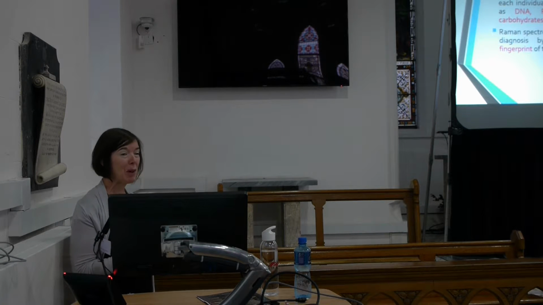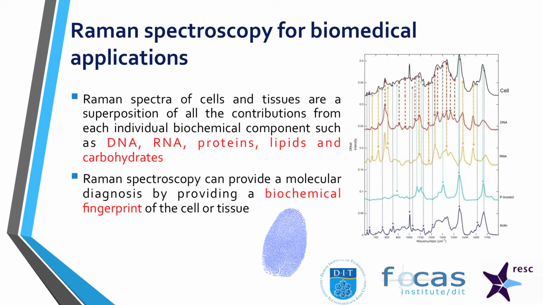So the Raman spectra of cells and tissues are really just a superposition of all of the contributions from each of the different biochemical components of cells. And you can see a Raman spectrum here of a cell, this black spectrum at the top. And if you look at the other spectra underneath, we've got DNA, we've got RNA, we've got phospholipids, and we've got proteins.